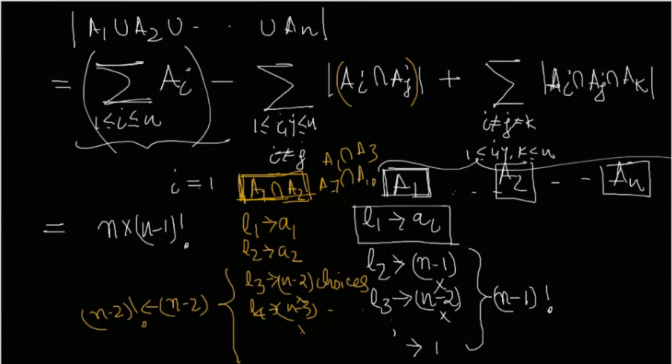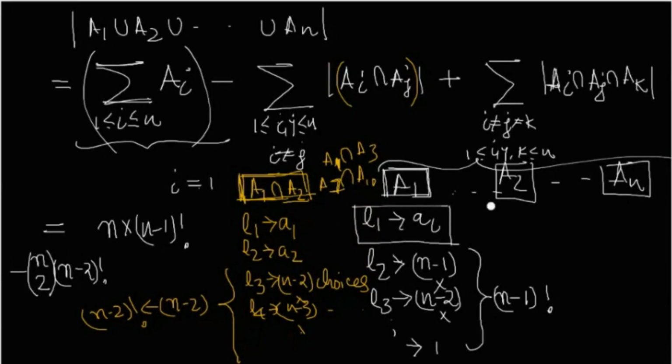Right? I can choose A_i, A_j, these in n choose 2 ways. So in that case, I will have nC2 choices, each with (n minus 2) factorial of them. Right?